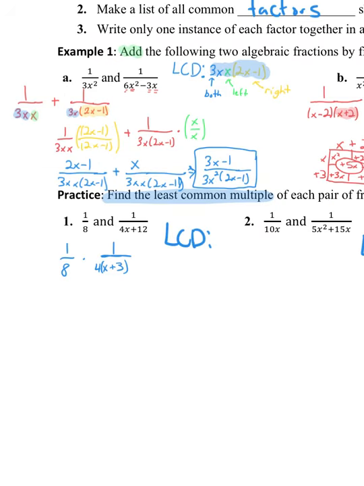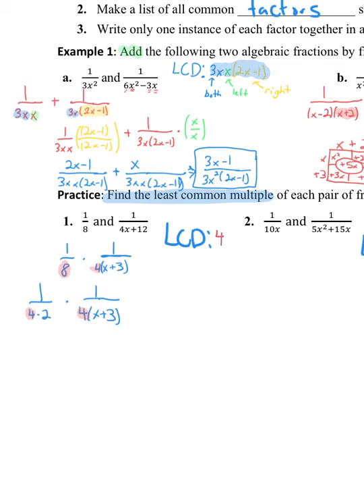Practice problems. The first one's a little tricky because you'll see an 8 and a 4, but one thing we have to keep in mind is that 8 could be rewritten technically as 4 times 2. So that means there's a common factor of 4 in both terms.